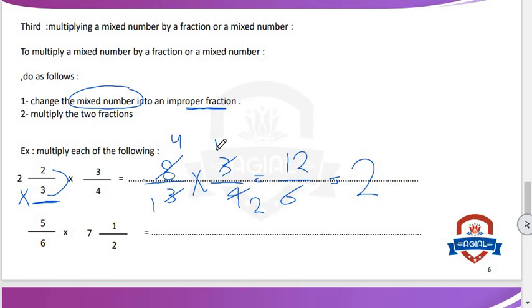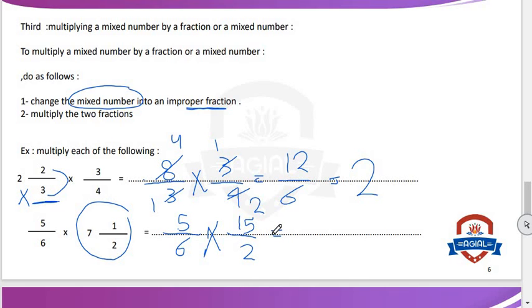Number 2, 5 over 6 multiply 7 and a half. What should we do at first? Super. We convert this mixed number to an improper fraction. So we write 5 over 6 again, multiply 7 multiply 2 equals what? Who can say? Super, 14. 14 plus 1 equals, excellent, 15 over the same denominator 2.